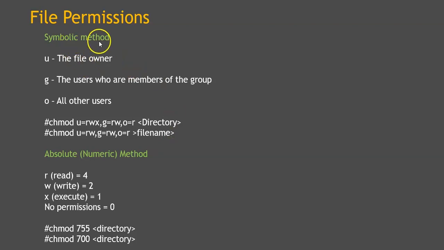In the symbolic method, you can use the options called u, g and o. Along with the chmod command, you can use u in case you want to change the permissions of the user, meaning the owner. If you want to change the permissions of the group, then you can use g.